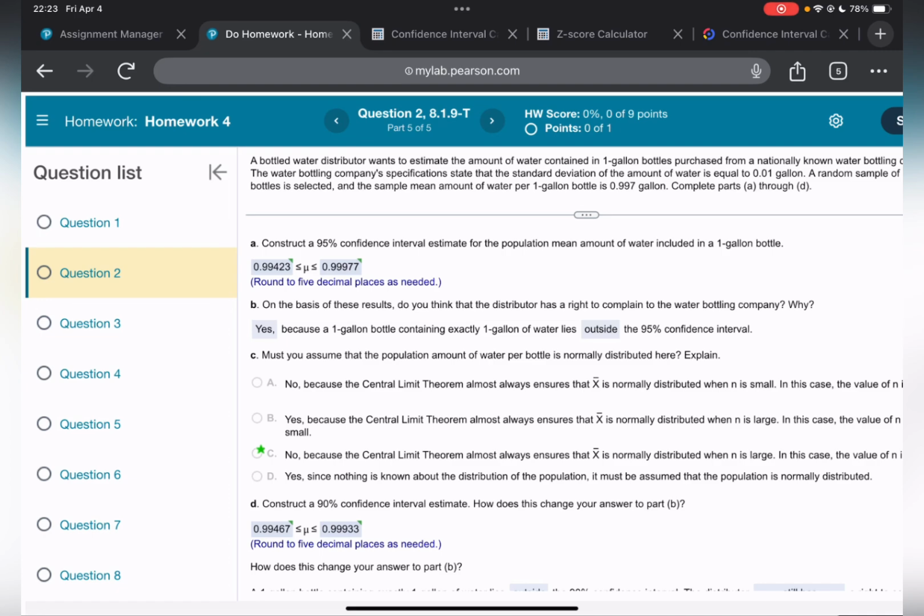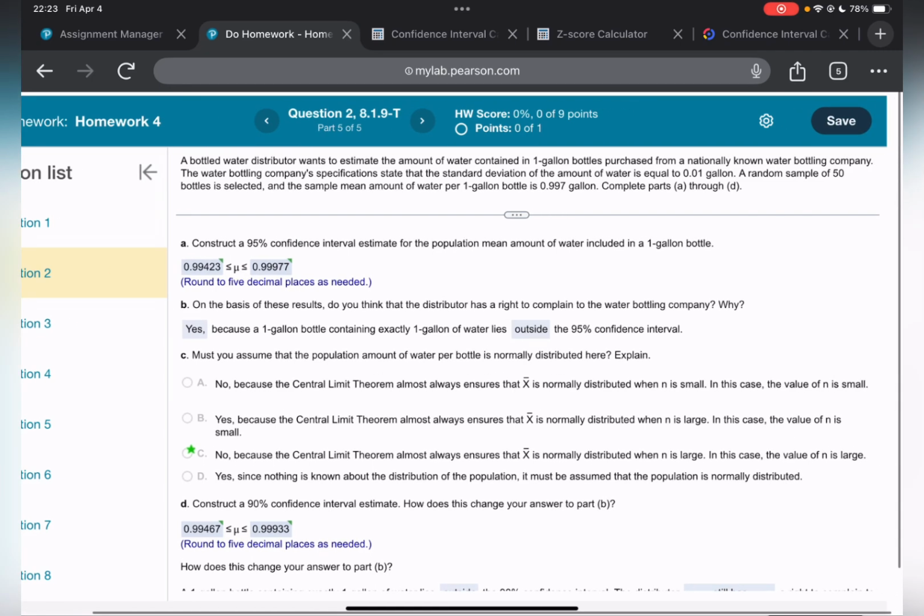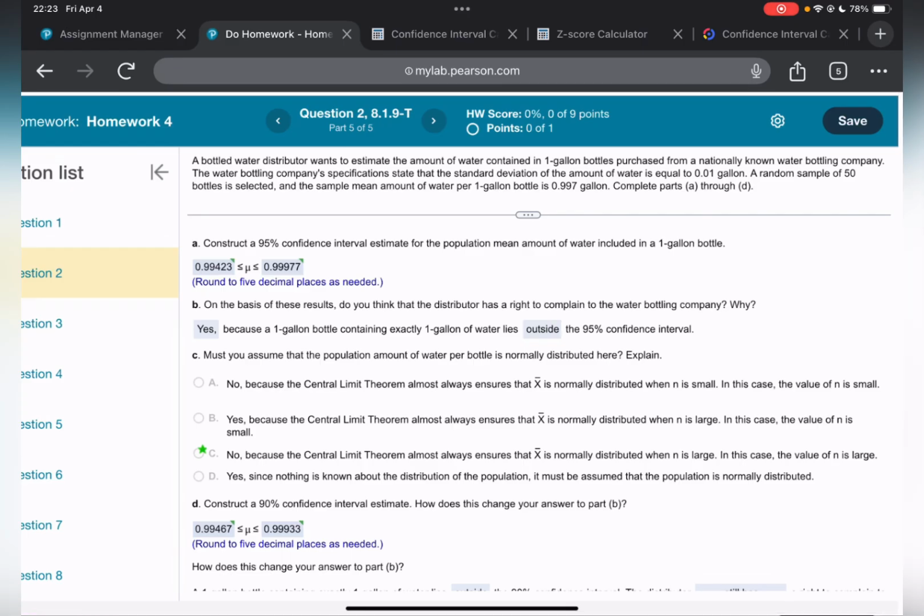Let's see what we have here. What problem are we going to solve? A bottled water distributor wants to estimate the amount of water contained in 1 gallon bottles purchased from a nationally known water bottling company.